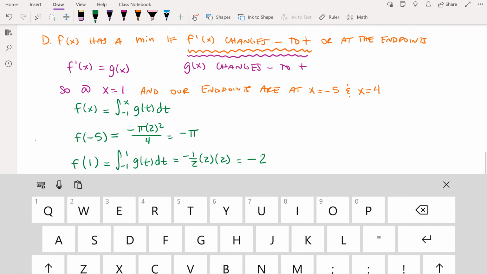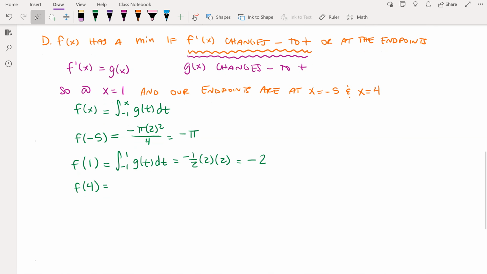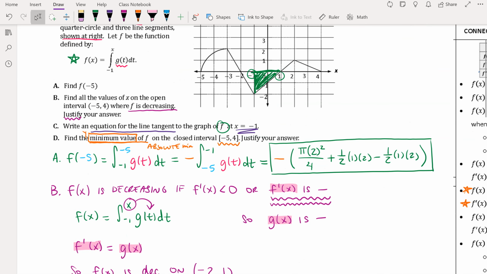f of 4 equals the integral from -1 to 4 of g of t dt, which equals, now we need to find that area from -1 to 4. We know the area from -1 to 1, so we can actually use that. It would be -2, and then we would add the area from 1 to 4. So now we need to add the area of this.